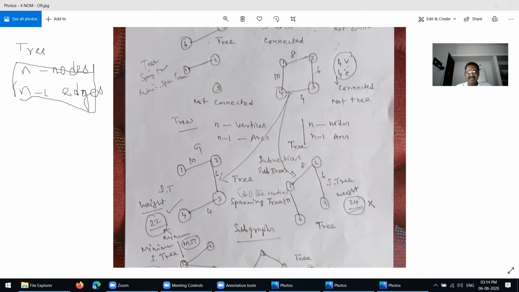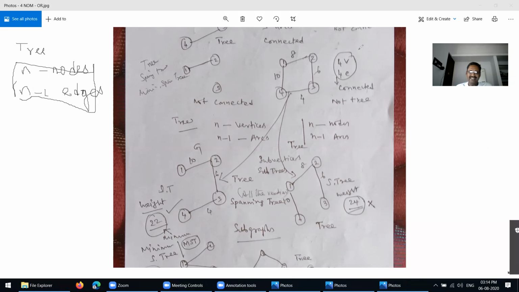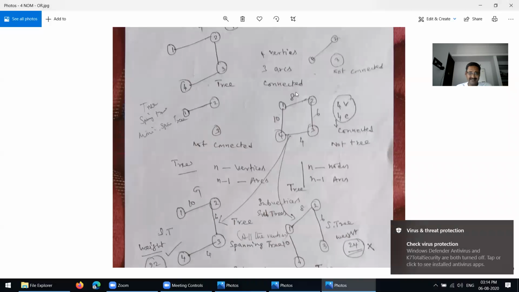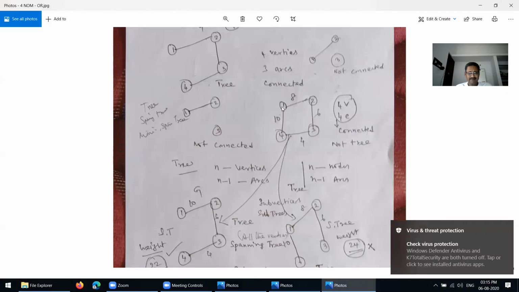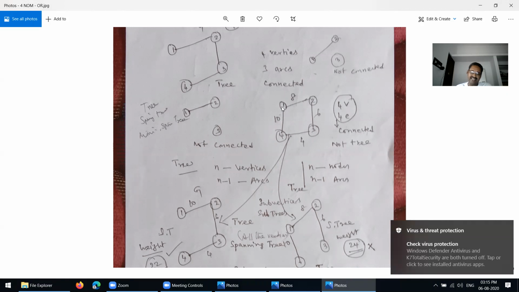I will repeat again. This one is connected, but not a tree, because here there are 4 vertices and 4 edges. It's not a tree. Actually 4 vertices and 3 edges is a tree.